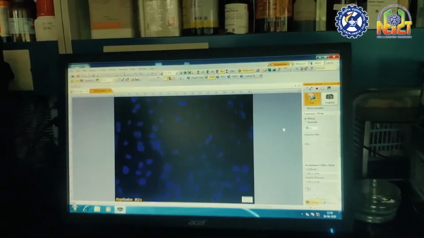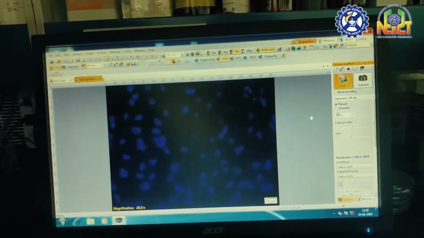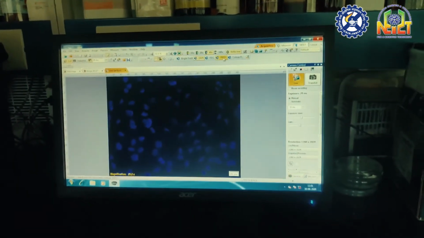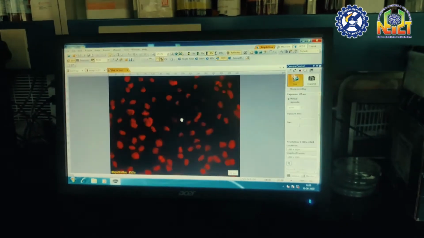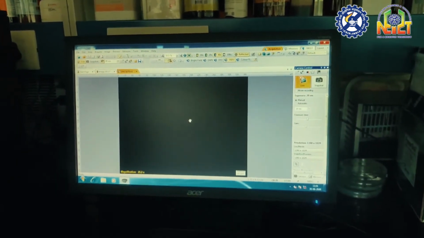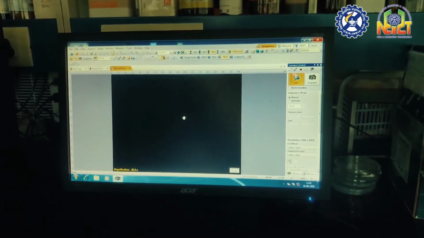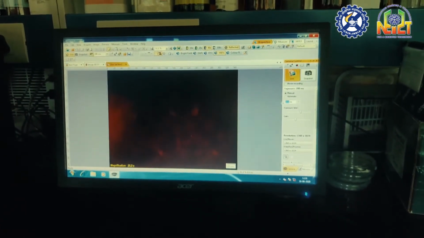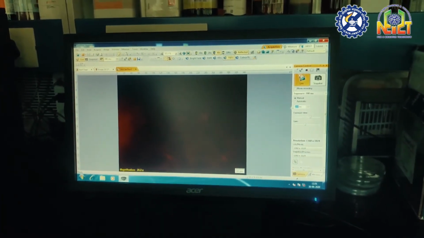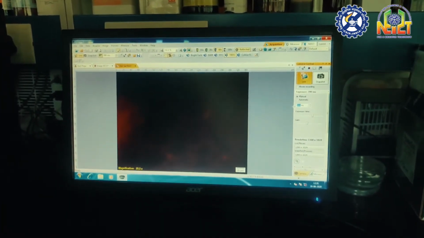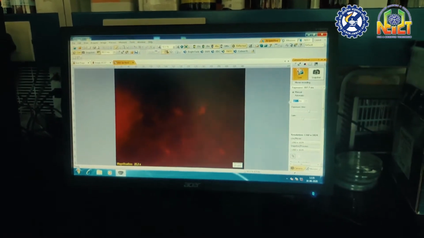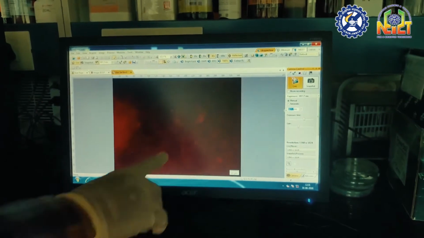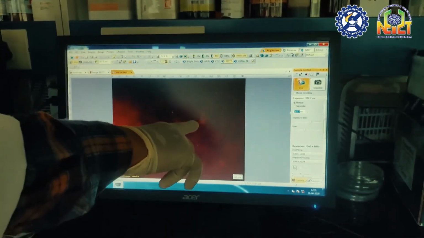Yes, this is the DAPI staining, and now we will capture the image. We are also going to capture another image in red color, for which we did some staining for our protein of interest. As you can see, a very light red color. So basically this is our protein of interest showing.